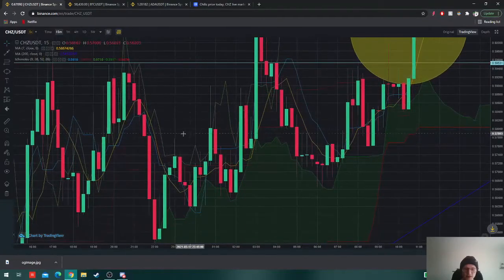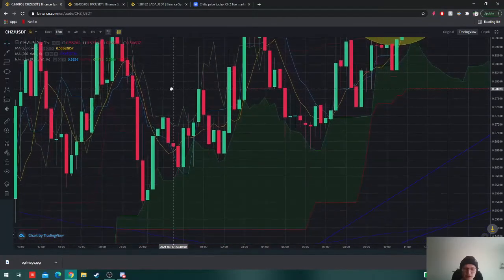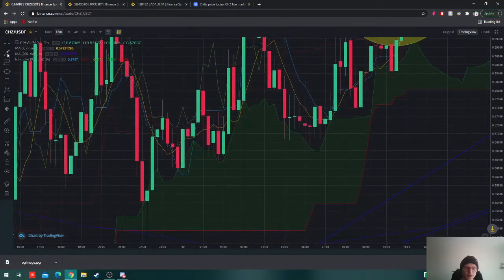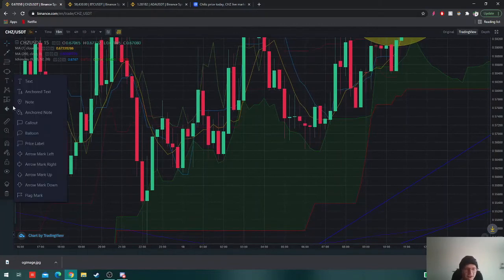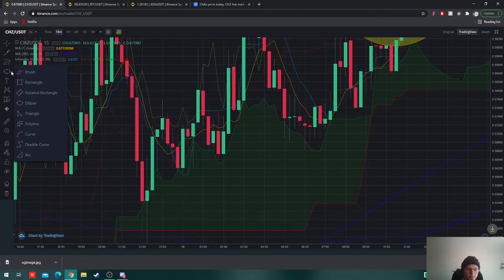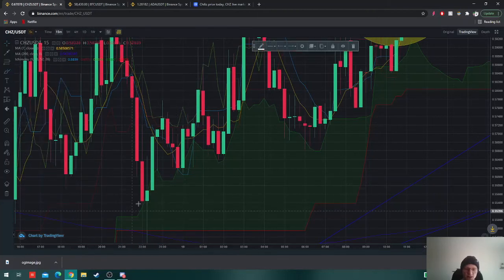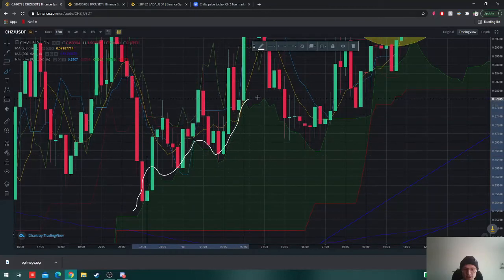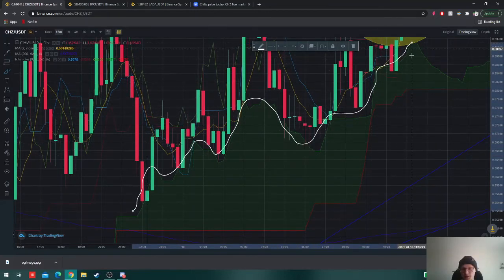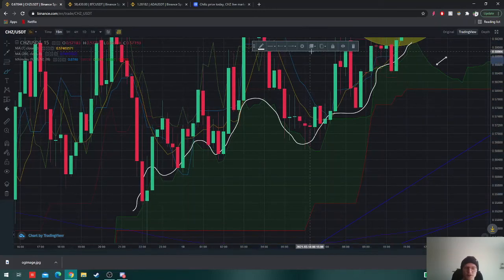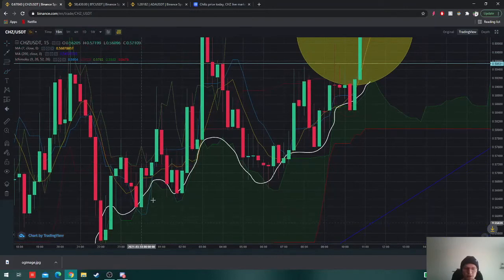Over here, this would be a very good example of a graph respecting the cloud itself, because we can draw a line over here on the edge of the cloud, and you can see that the price is almost exactly followed by the graph itself, like this.